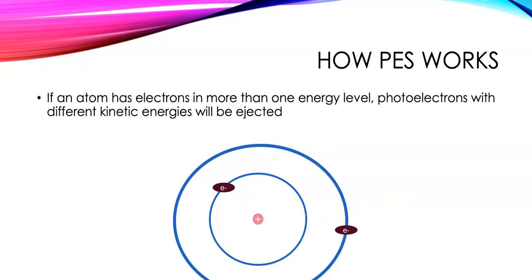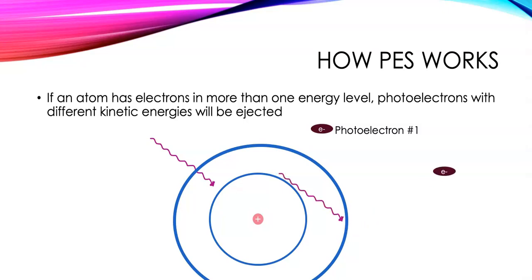If there are multiple energy levels occupied by electrons in a particular atom, what we're going to see is that photoelectrons with different kinetic energies will be ejected from the atom. The light comes in, it ejects an electron from energy level 1. That same light is coming in, hitting another electron from energy level 2 and ejecting it as a photoelectron. But these 2 photoelectrons are leaving with different kinetic energies.